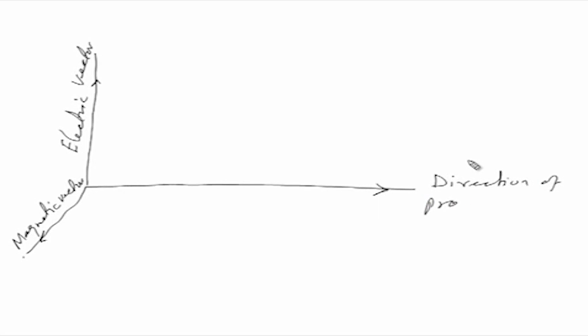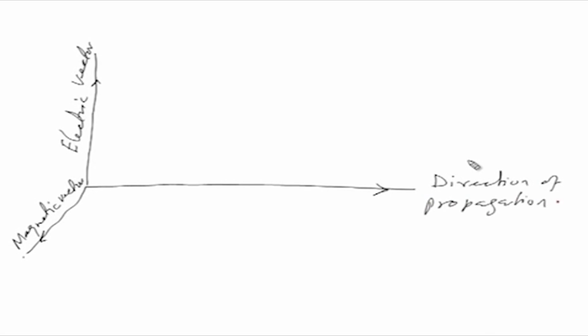One is the electric vector, and another is the magnetic vector. If you consider a wave here, this is the magnetic vector at 90 degrees to the electric vector, and this is the direction of propagation of the light.